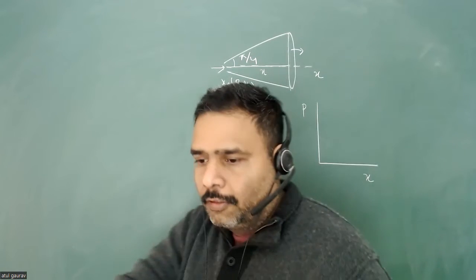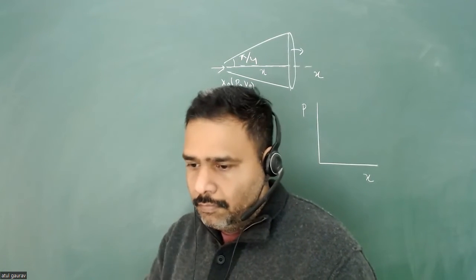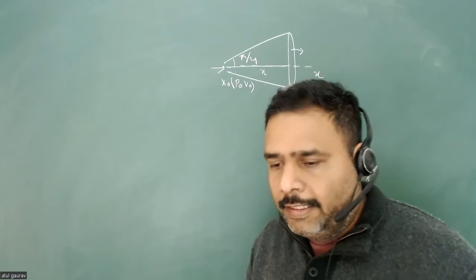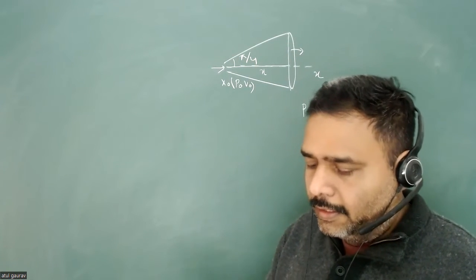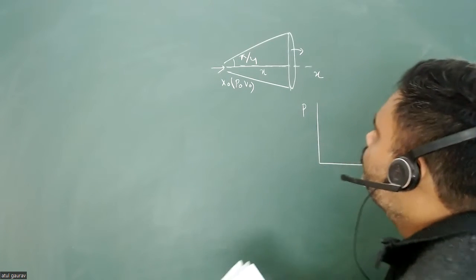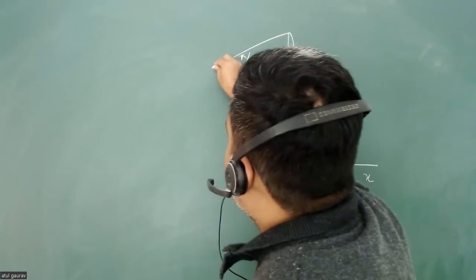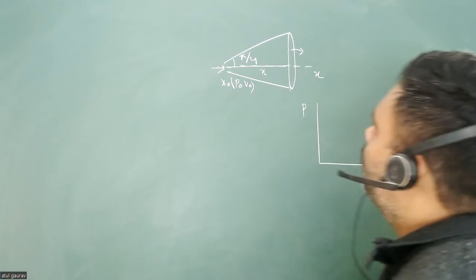And obviously this is in a horizontal position, so there is not any effect of gravity in this problem. This angle is pi by 4. So if we extend it as a cone, then the half angle is pi by 4.